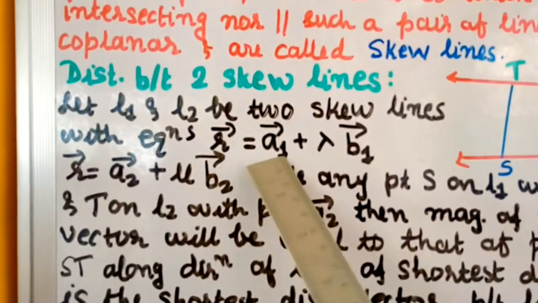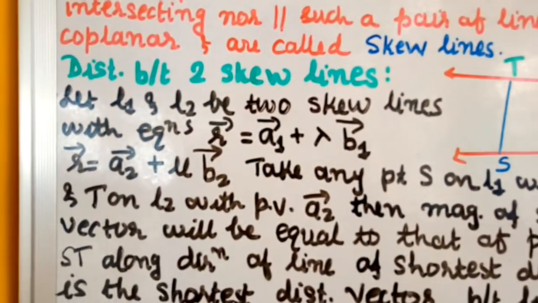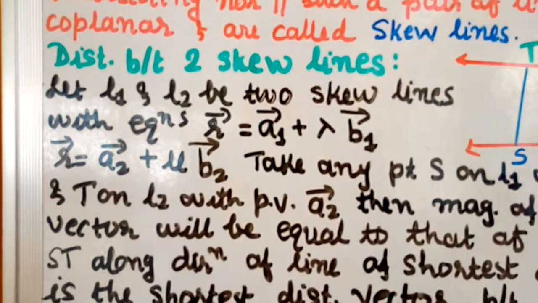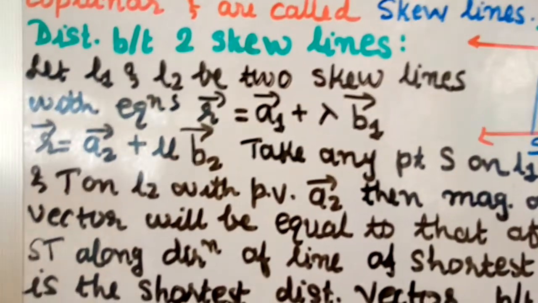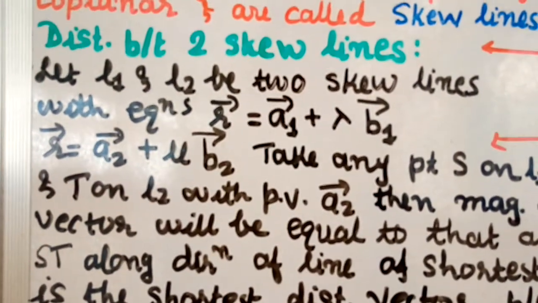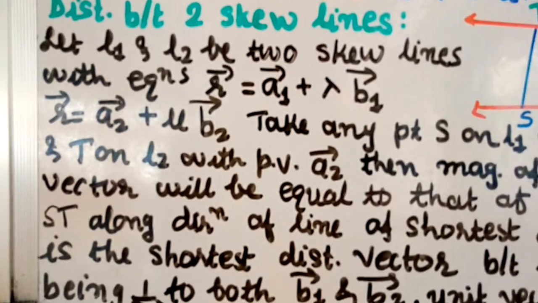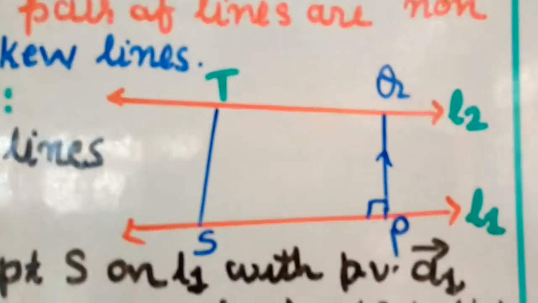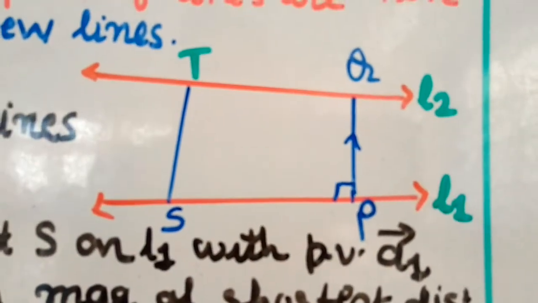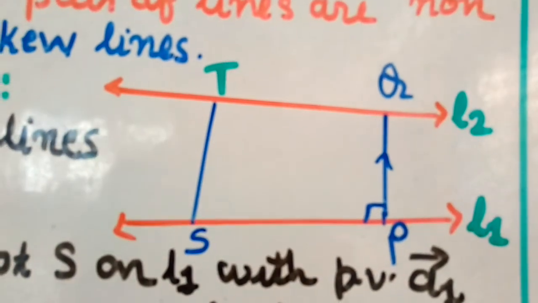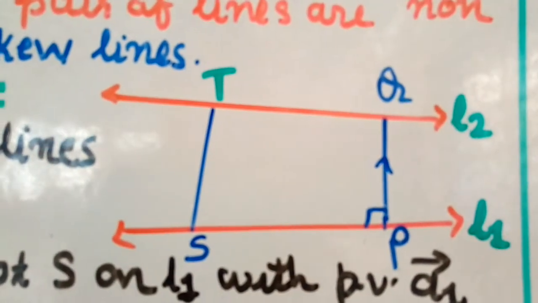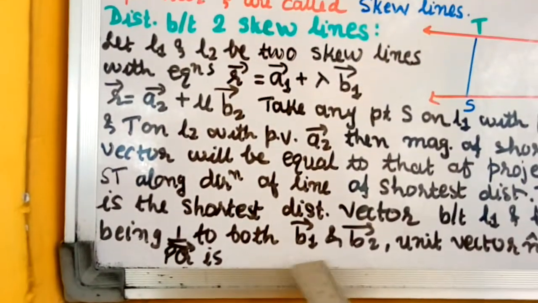As I said, A1 and A2 are the position vectors of points on the given lines, and B1 and B2 are the directions. That means if I take the line PQ which is perpendicular to L1 and L2, it is also perpendicular to both directions, B1 and B2.